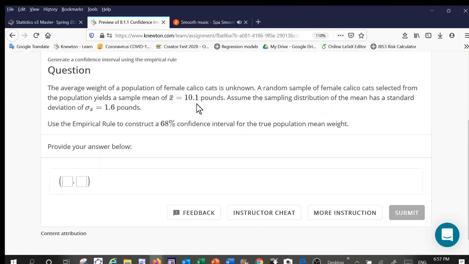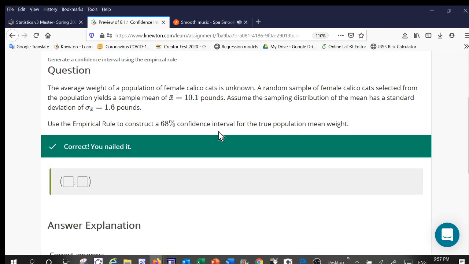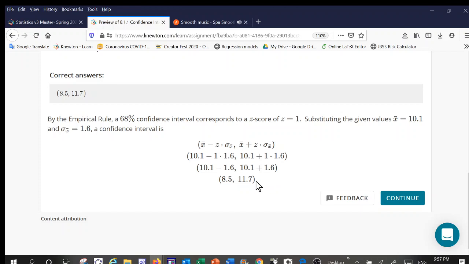So the average weight of population of female calico cats is unknown. Random sample of female cats selected from the population yields a sample mean of that. Assume the sampling distribution of the mean has a standard deviation of that. Use the empirical rule, construct a 68%. Okay, so 68% would be one standard deviation to the right and to the left of 10.1. So that would be one standard deviation to the right and one standard deviation to the left.